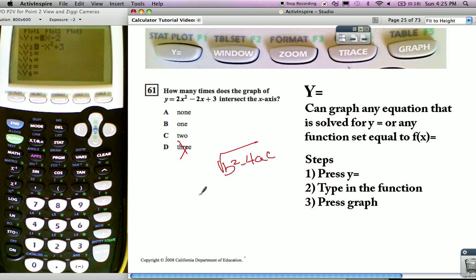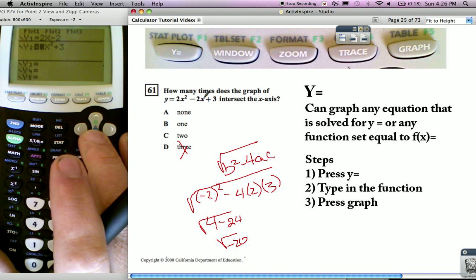So I can do this calculation: negative 2 squared minus 4 times 2 times 3 gives me 4 minus 24, and I get the square root of negative 20. Now, since it's less than 0, or imaginary, it's going to have no roots.